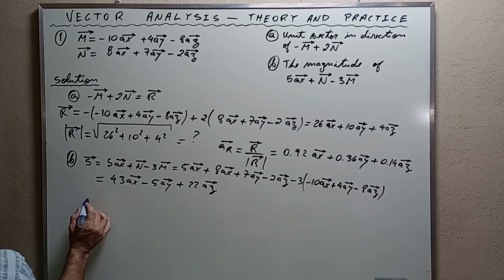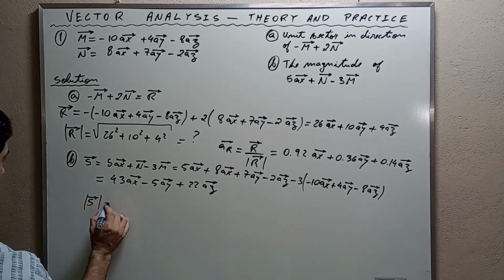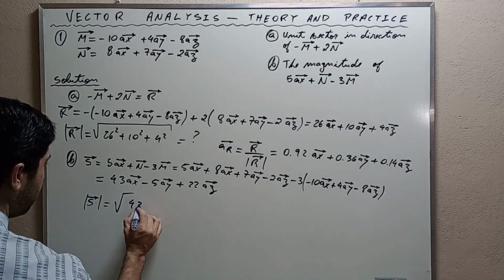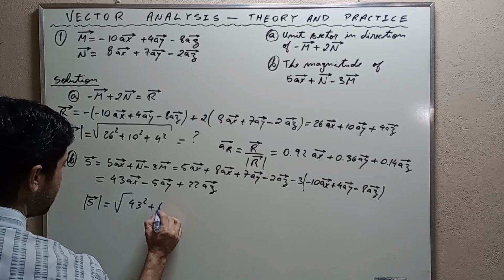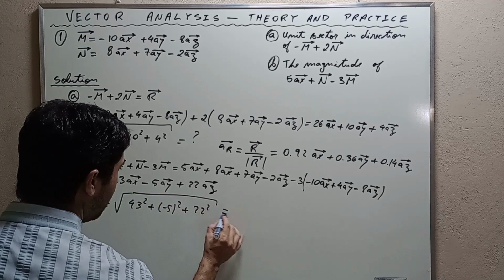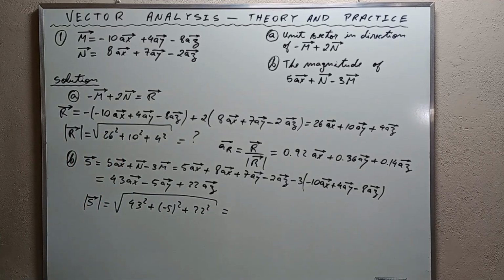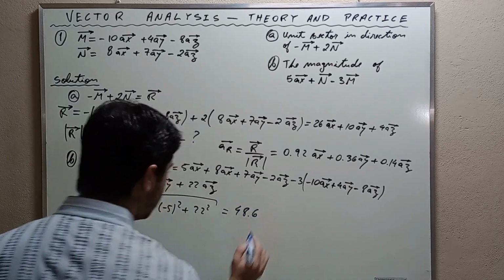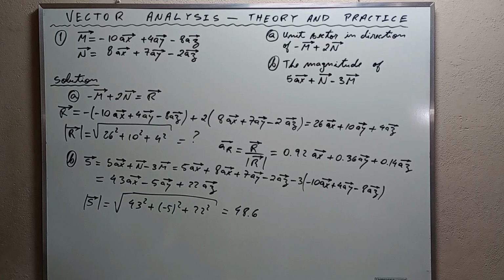The magnitude of S is simply the square root of 43 squared plus negative 5 squared plus 22 squared, and this is equal to 48.6. Okay, this is the magnitude of the vector, and it is all for exercise 1. Let's go to exercise 2 now.